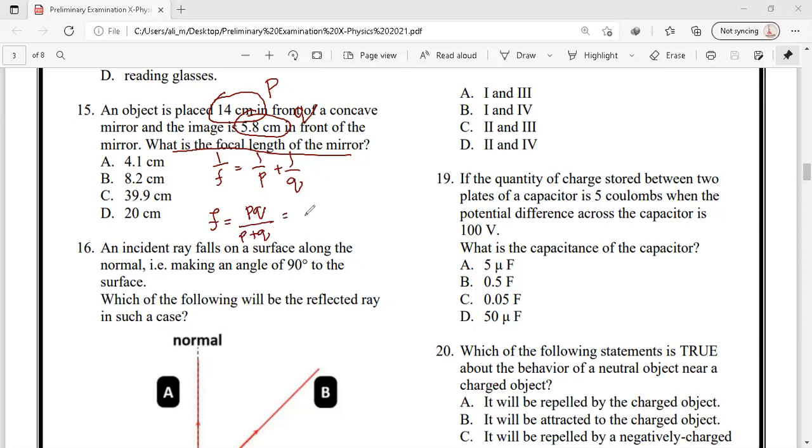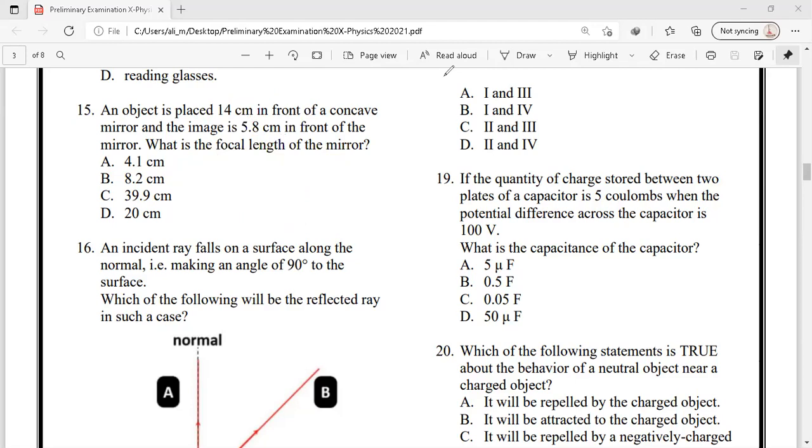The value of p is 14, so 14 multiplied by 5.8 divided by 14 plus 5.8. So the value of focal length is 4.11 centimeter. That is option A, the correct answer.